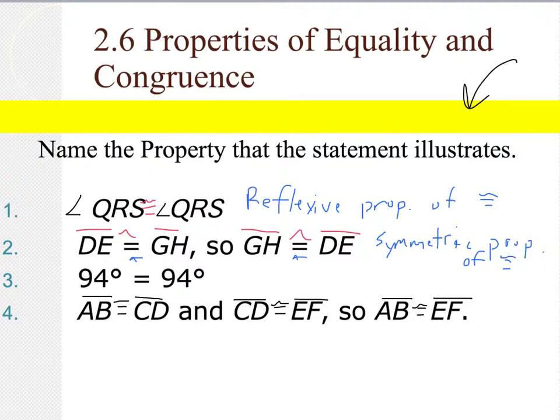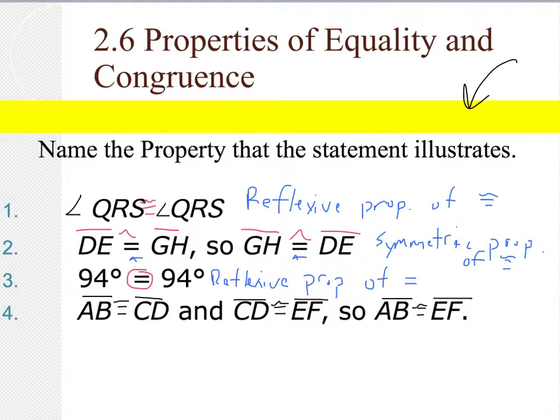Okay, 94 is equal to 94. We're talking about a single measure. This is the exact same property as number one, except this has an equal sign this time. Okay, so because it has an equal sign, it is the reflexive property. However, the equal sign changes a little bit. It's the reflexive property of equality, because it has an equal sign instead of a congruent sign. Okay, then lastly, AB is congruent to CD and CD is congruent to EF.